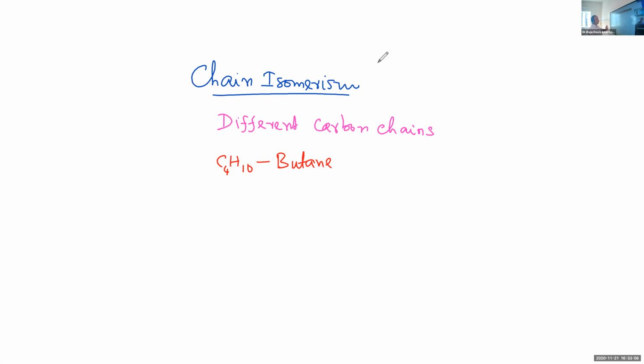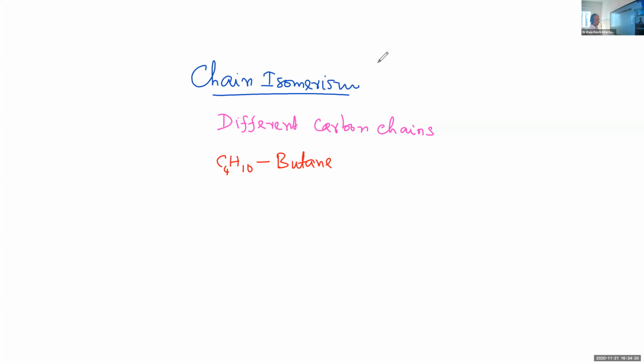Let us try to draw the various structures of C4H10. How can you draw the various structures? It is not to be studied by heart. You make use of your brain.